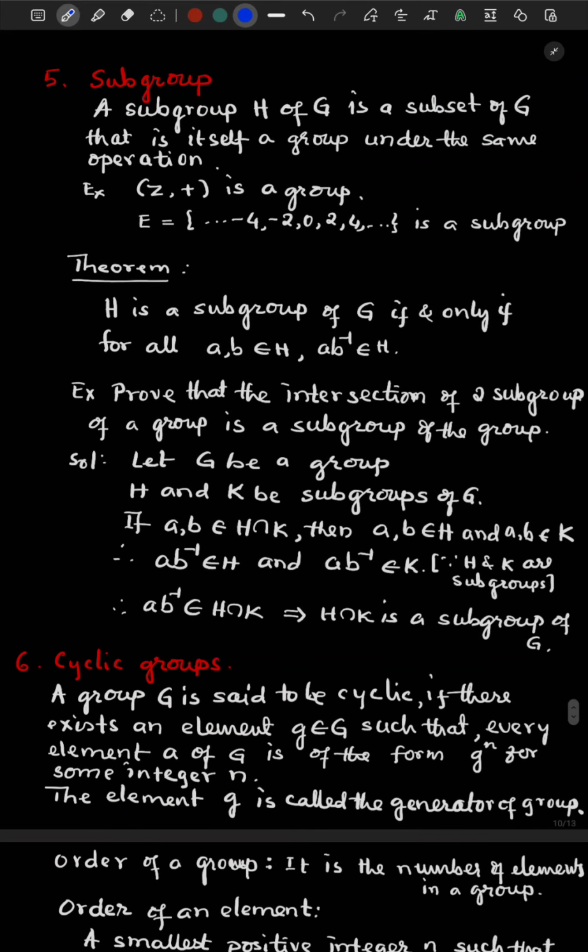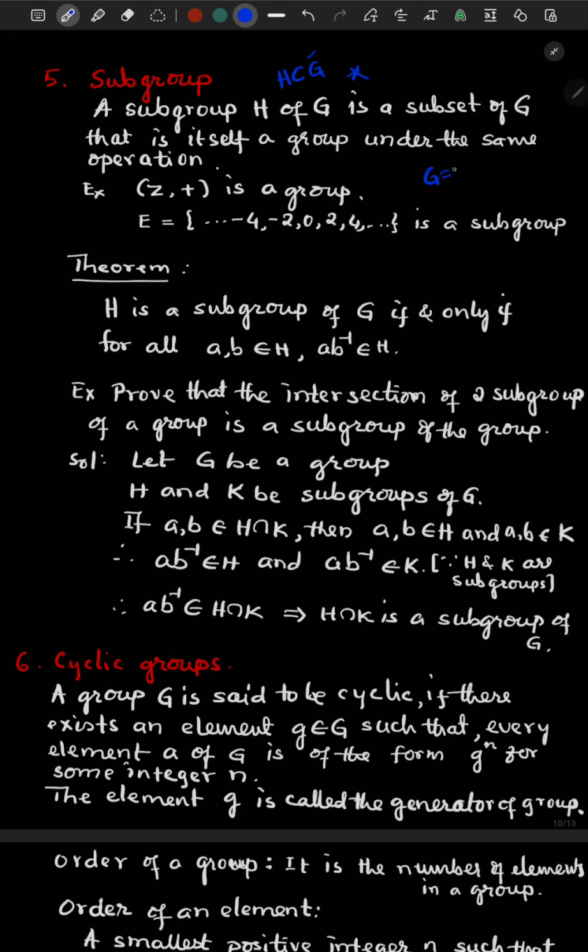Now next is subgroup. As the name itself suggests, H is a subset of G, where G is a group, and H also becomes a group under the same binary operation that is there in G. Then we say H is a subgroup of G. For example, Z under plus we have checked is a group. So Z is G here.